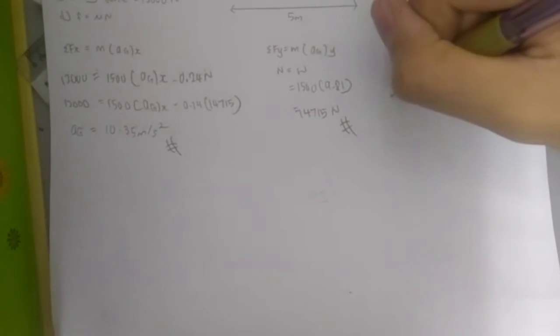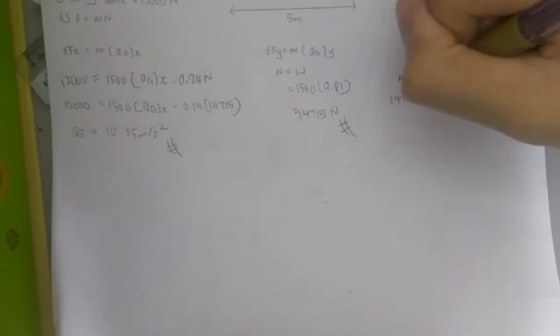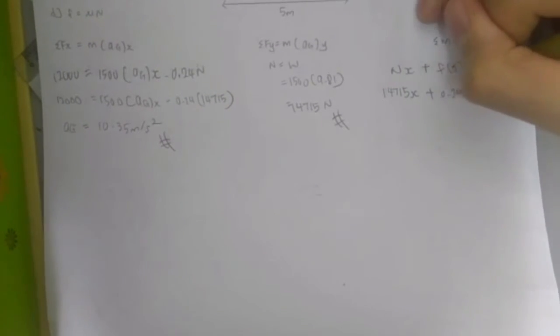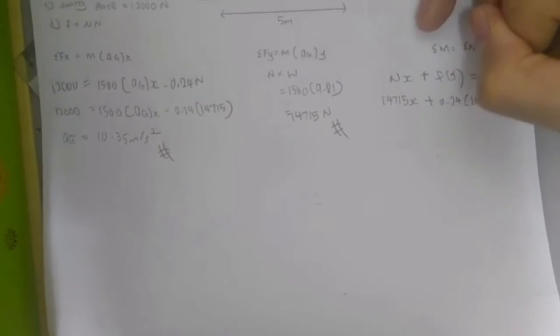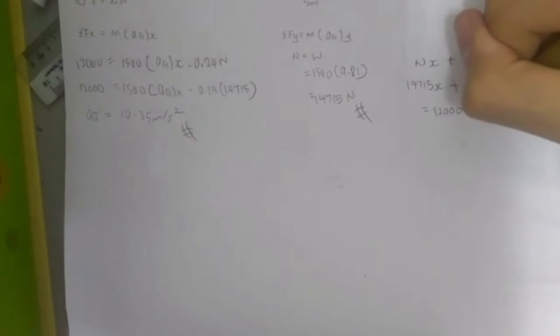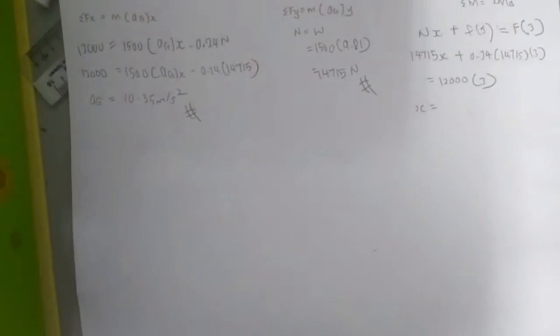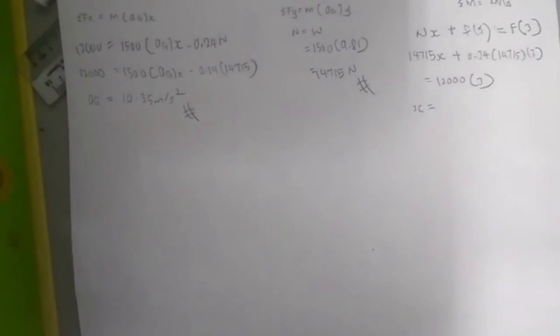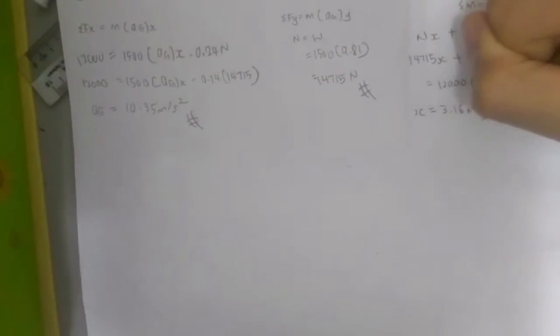Yeah, because of the distance. And then let's substitute all the values in this equation, equal 2003. Okay, so now we can get the answer. x is equal to 3.16 meter.